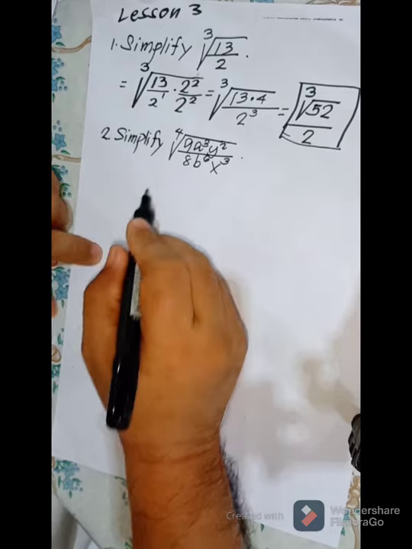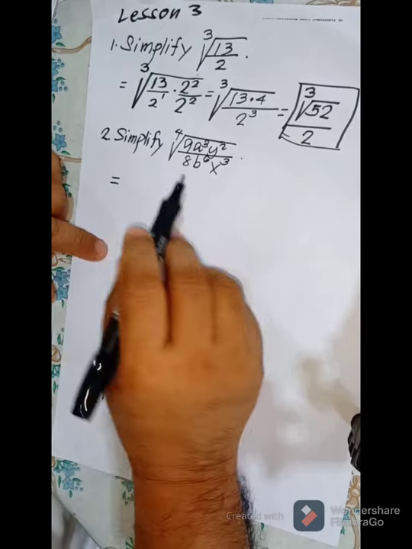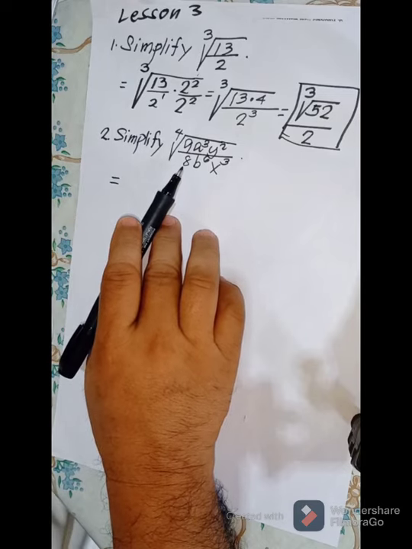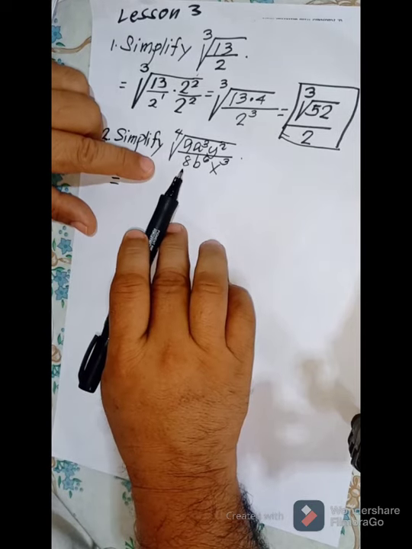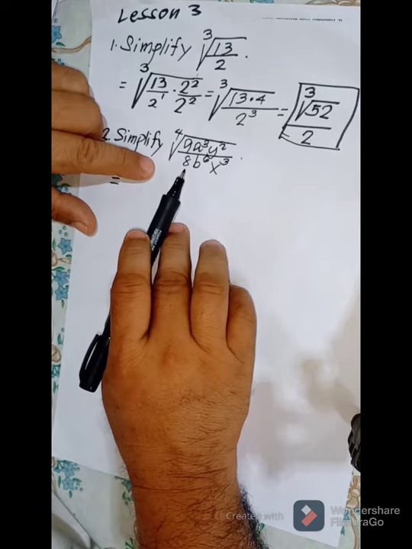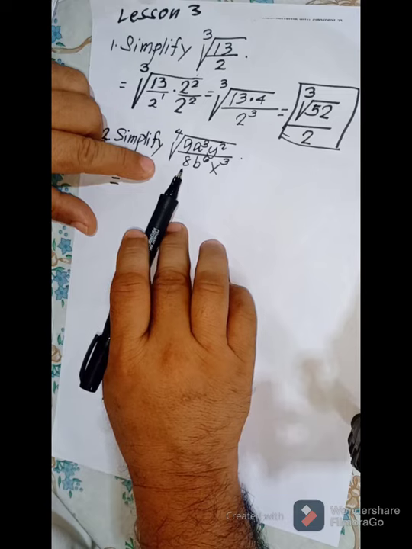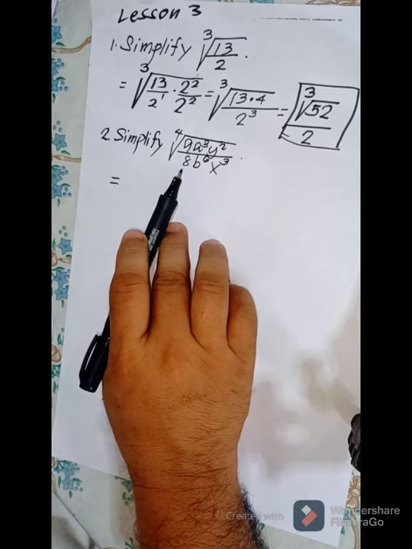Okay. Now, the denominator is 8b to the 6th x cubed. Now, 8 is actually 2 cubed. Again, 8 is equal to 2 cubed.